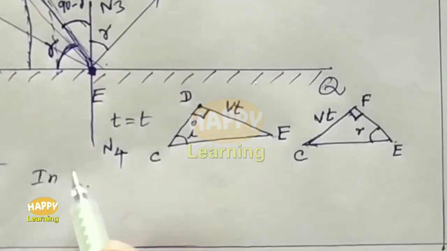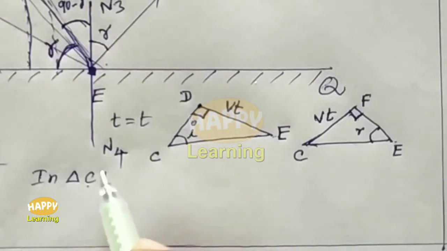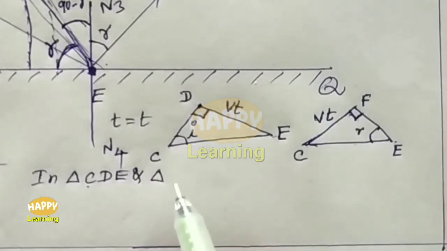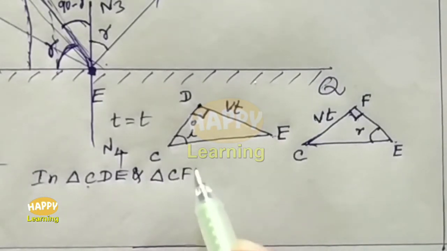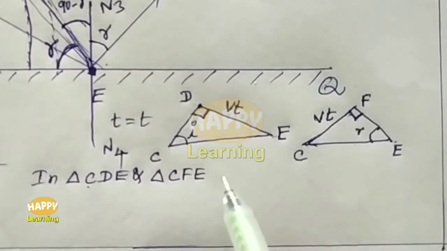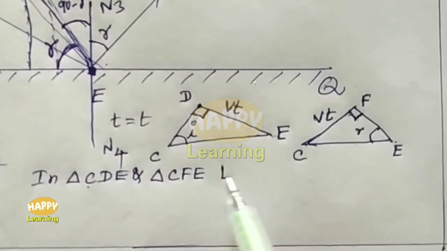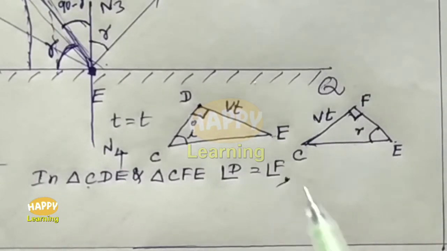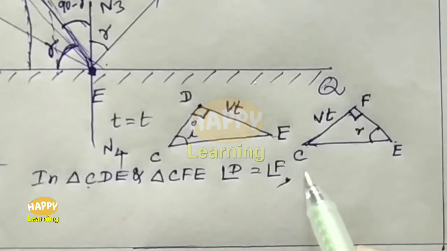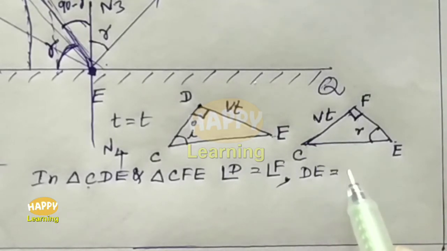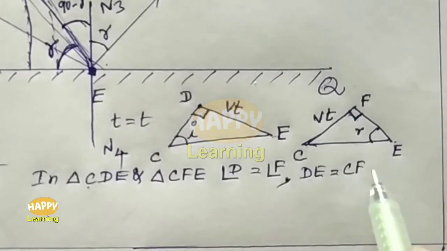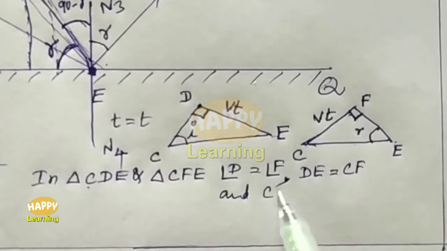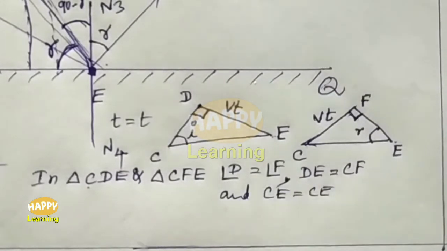So in triangle CDE and triangle CFE, angle D is equal to angle F, DE is equal to CF, and CE is equal to CE.